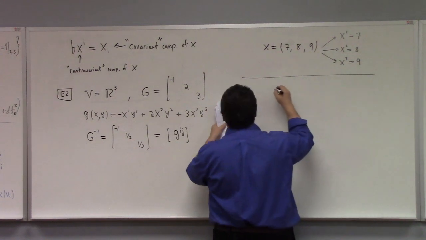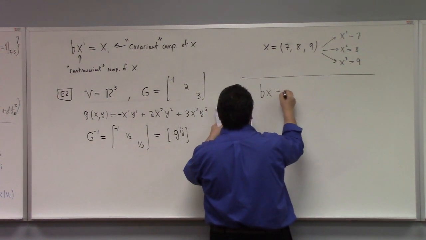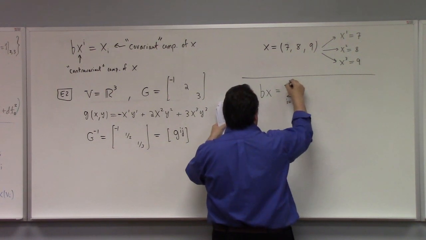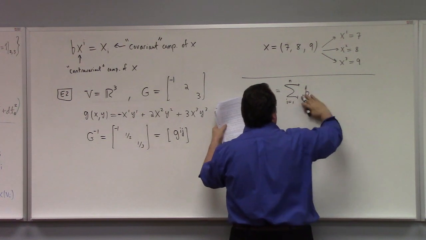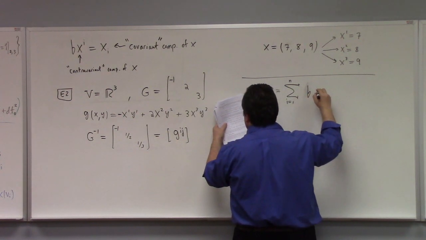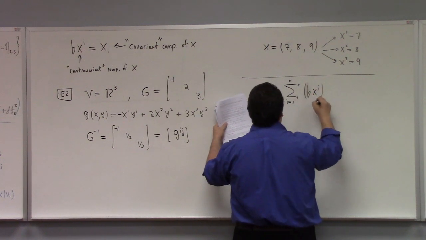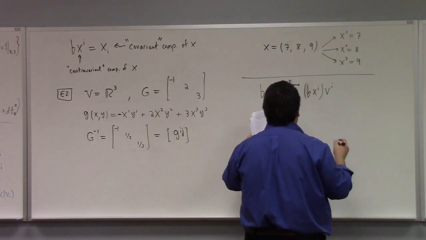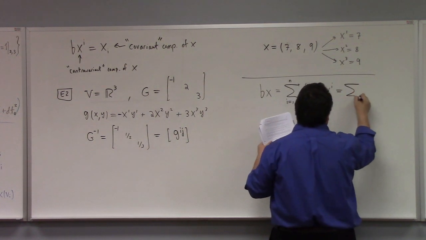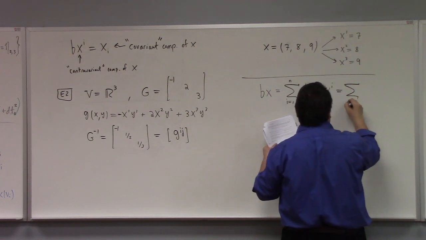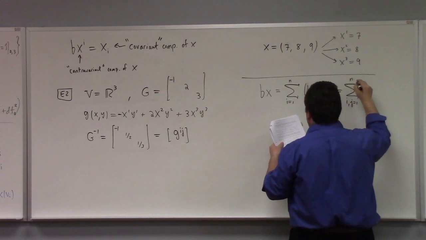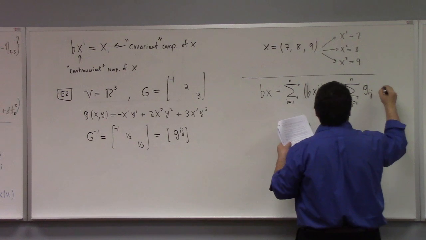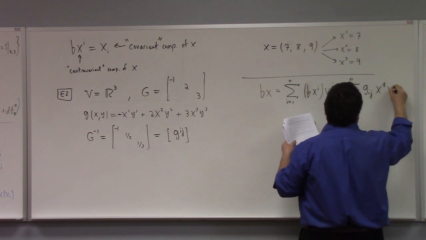Flat of X is equal to the sum I equals 1 to n of flat x upper I times v upper I. Explicitly, that's the sum I comma j equals 1 to n of g I j x upper j v upper I.